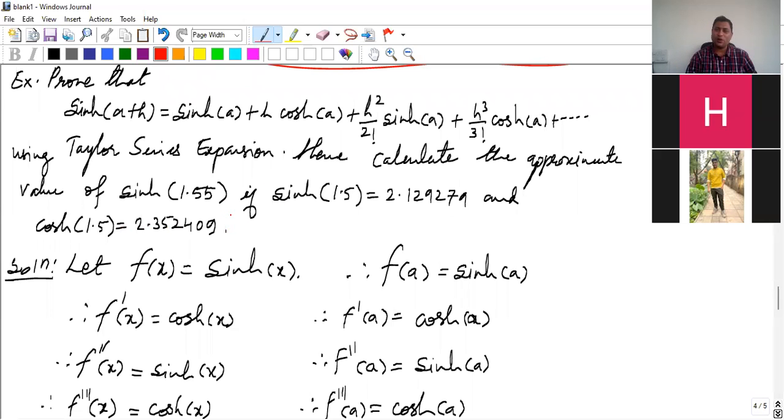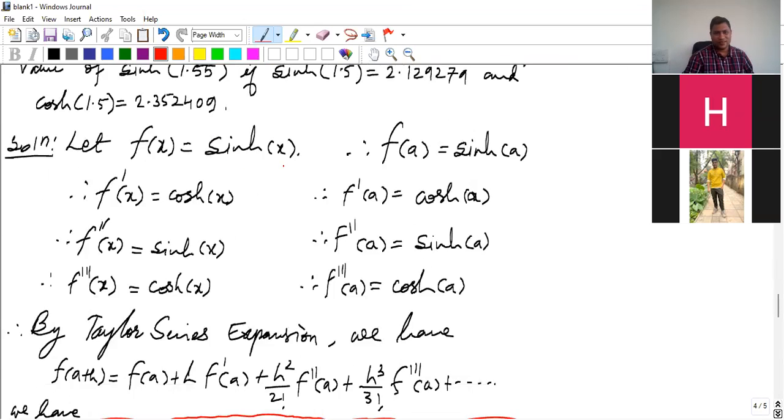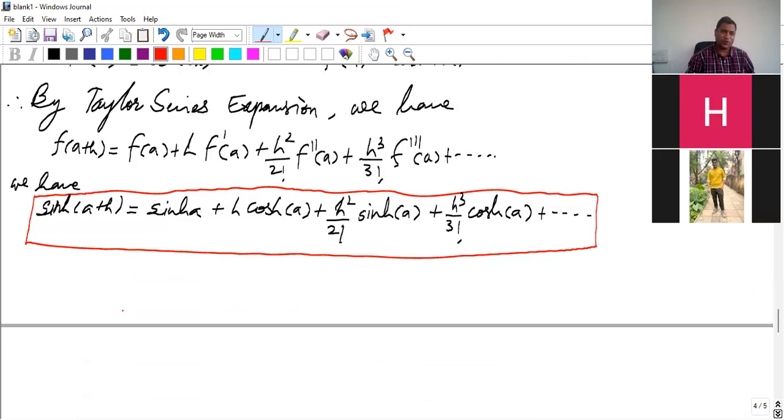Can you guess what will be a and what will be h? a is 1.5 and h is 0.55. Here we want sinh 1.55, and we know the value of sinh 1.5.